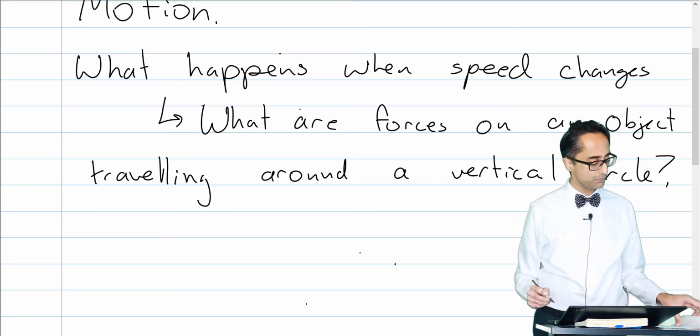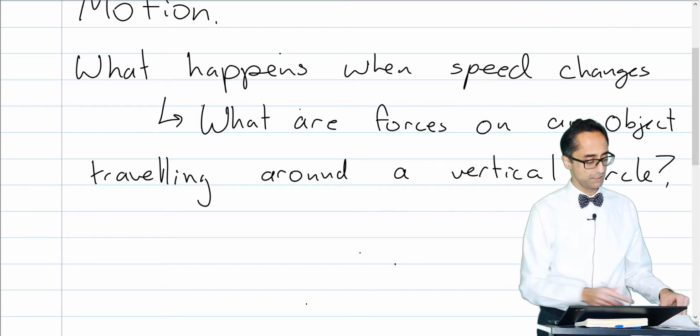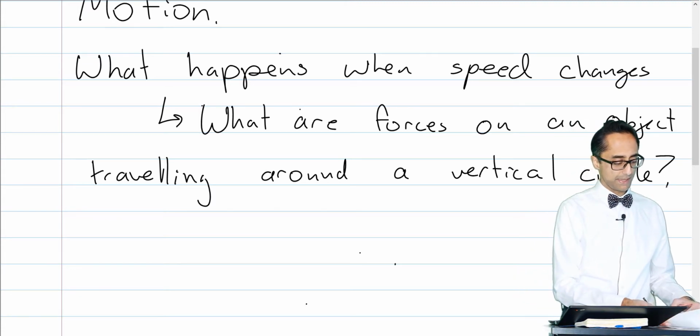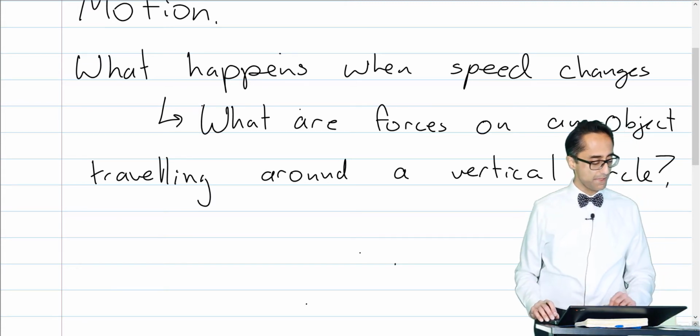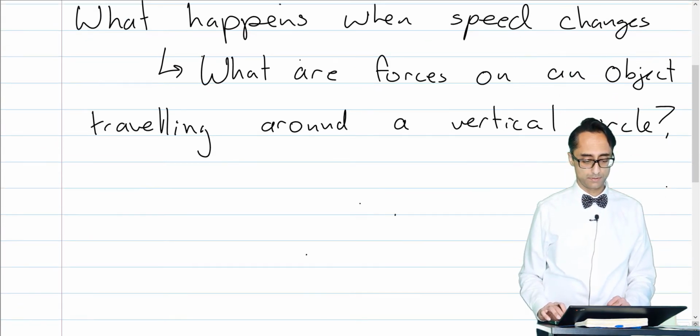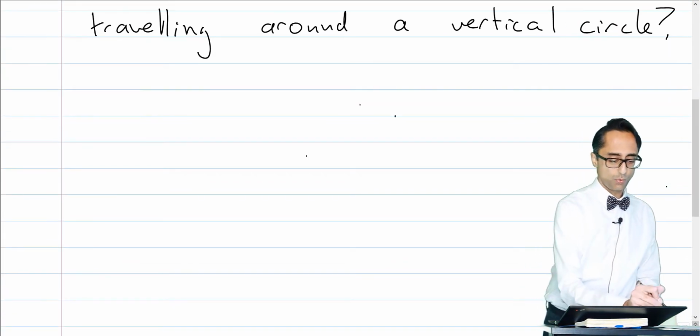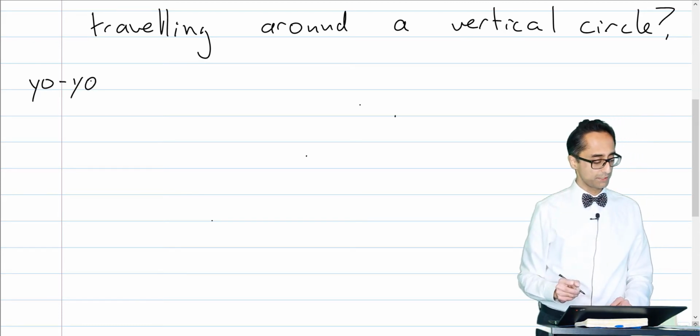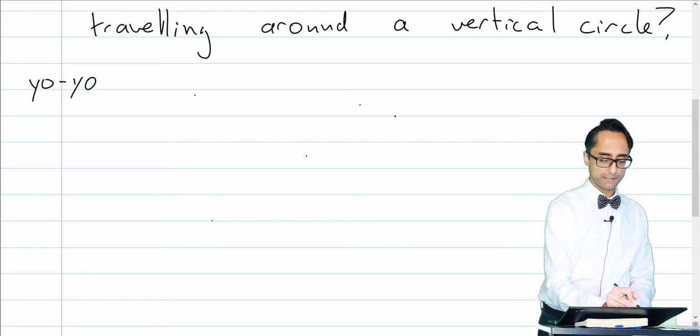All right, and we will do the example that we just talked about. That is a yo-yo. And so once again, for our yo-yo, we're going to think of it as a mass on a string.